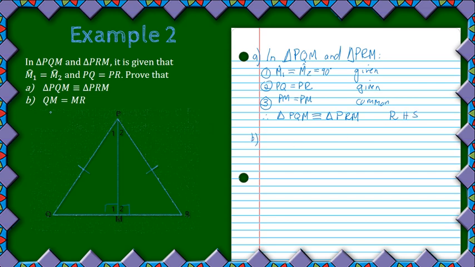Now for B, it says we need to show that QM is equal to MR. So we can start off by saying that triangle PQM is congruent to triangle PRM, as we've just proven above. Since these two are congruent, it means that the remaining corresponding angles are equal, and also the remaining corresponding sides would be equal. So therefore, QM will be equal to MR.